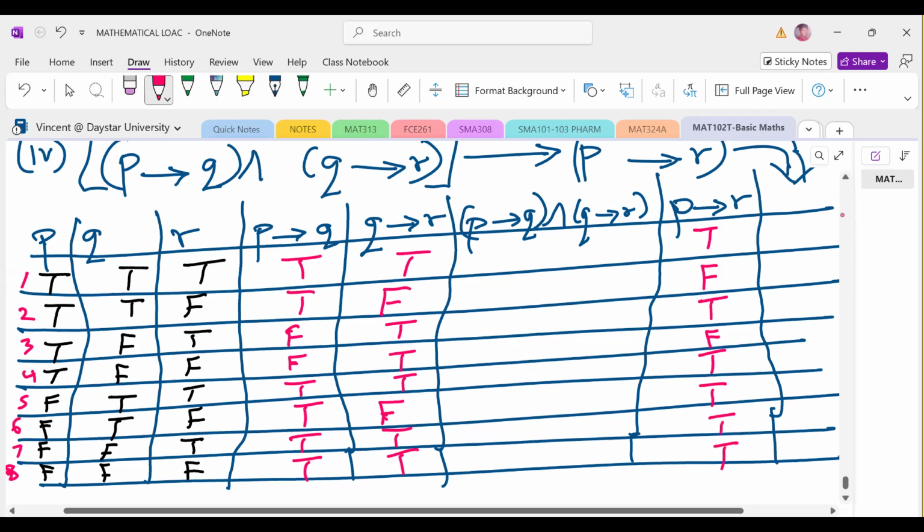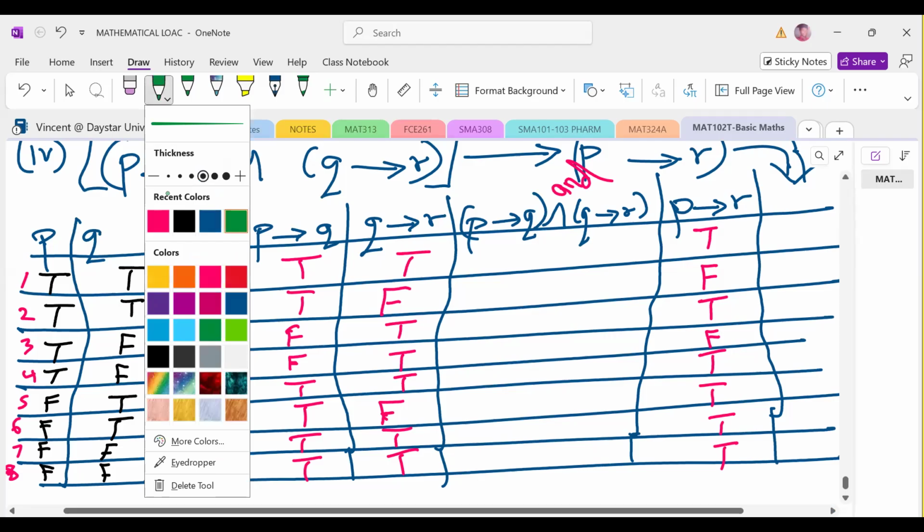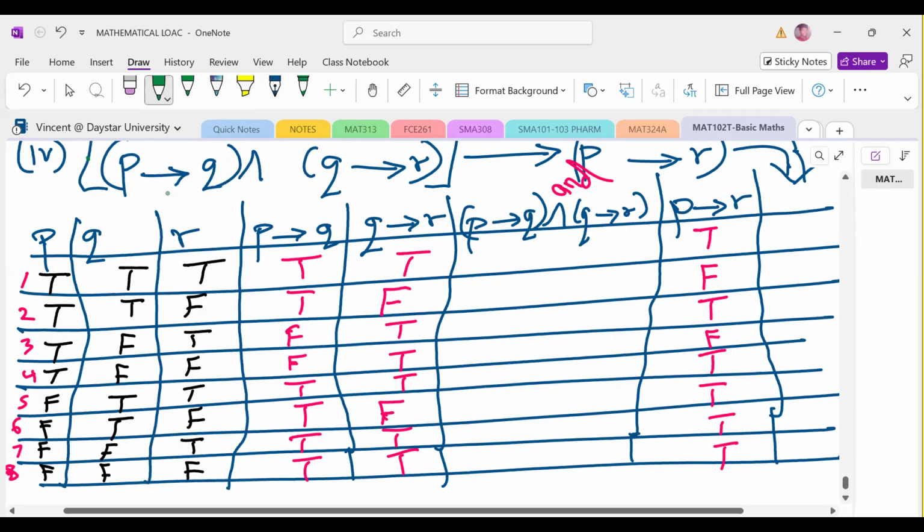Those are the operations being tested on this column. We skipped the one in the middle. And here we just join with and, okay? Now we have this column here, this column here. These are the columns. Now these we join with the word and, okay?